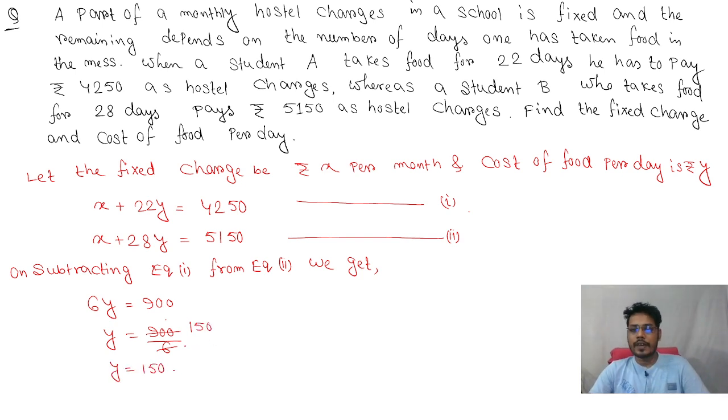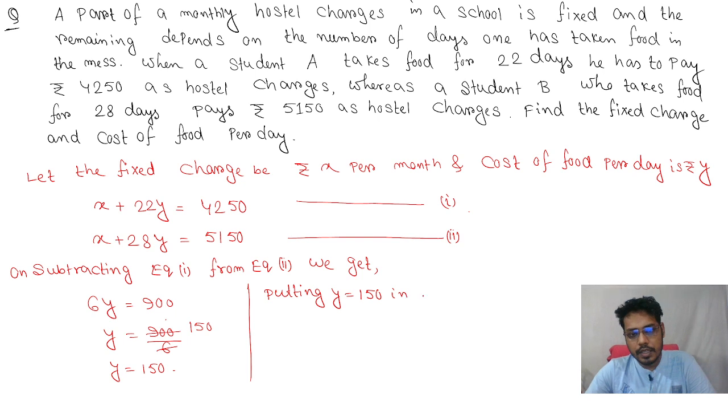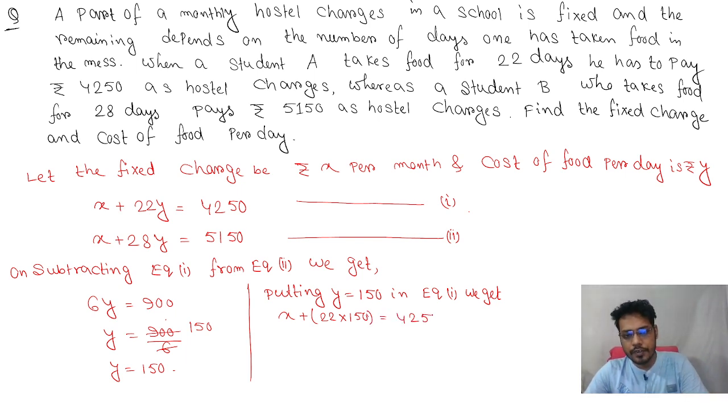Now you can put the value in this equation. So putting Y equals 150 in equation number 1, we get X plus 22 into 150, which according to the question equals 4,250.